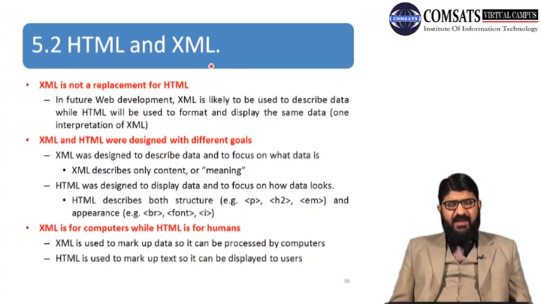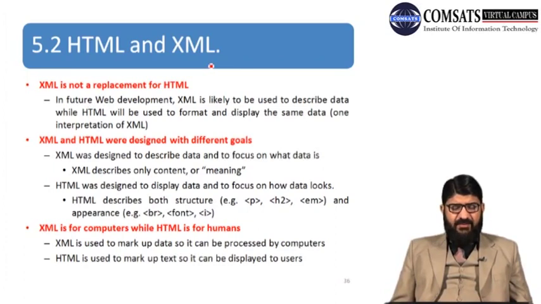XML and HTML are designed for two different goals. HTML was designed to display data and to focus on how data looks. HTML describes both structure, paragraph, heading, and appearance, while XML was designed to describe data and to focus on the data, for example, describing only content.